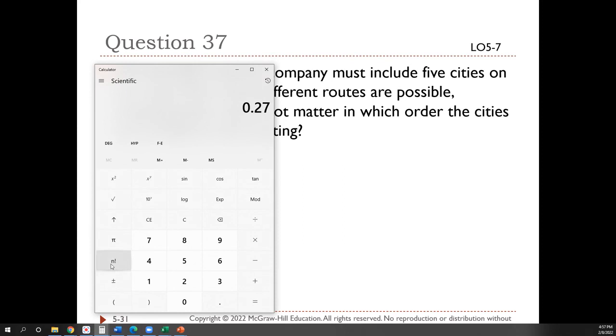So here on your scientific, you can do a factorial that way too. I love this little small calculator. Makes life easy, but you see the N with exclamation. Make sure you hit how many, and then hit your exclamation point. And we have 120. That's it.